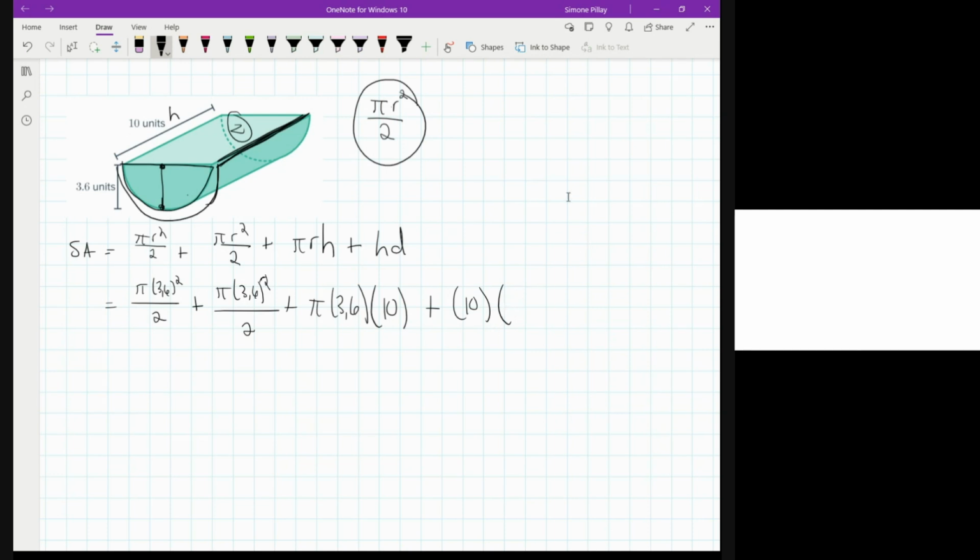So that is going to give me 7.2. Plug this into your calculators and let me know what we're getting for this entire thing.